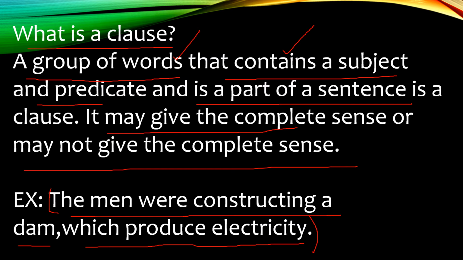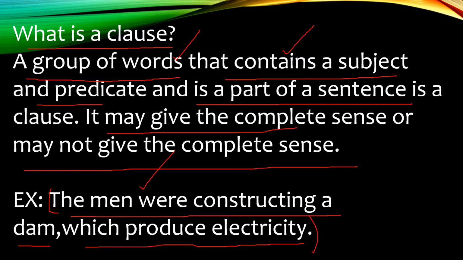In this total sentence there are two clauses. According to the definition, just observe here, a clause is a part of a sentence. So the men were constructing a dam, that is a clause. It is a part of the total sentence. Next, which produce electricity, that is also a clause. It is a part of the sentence.